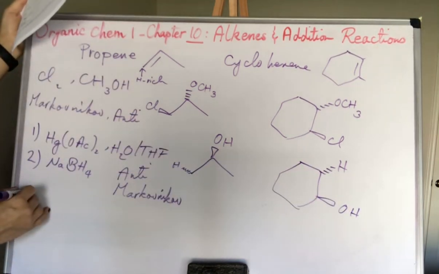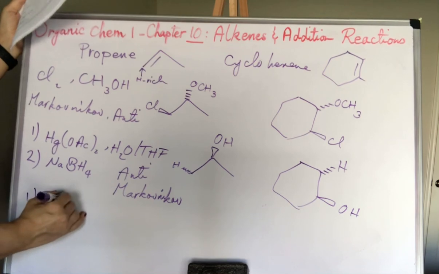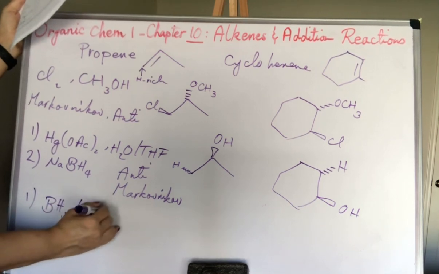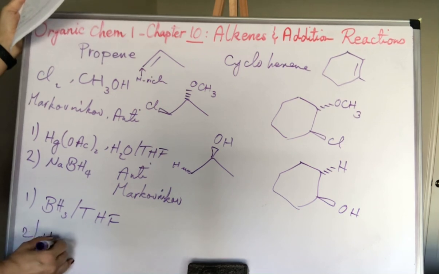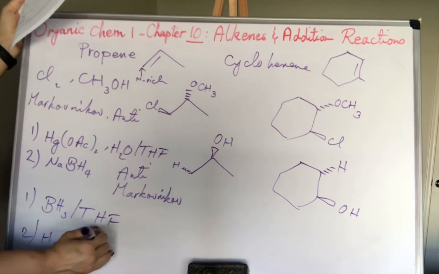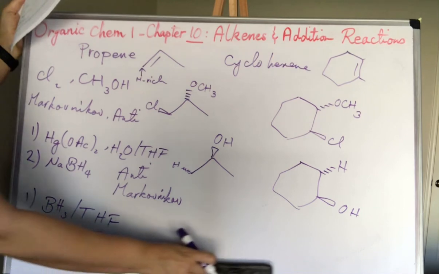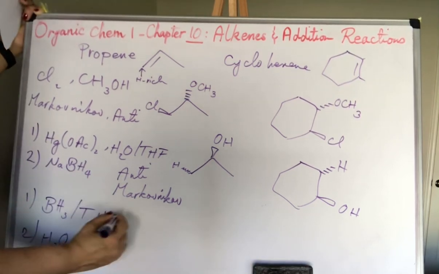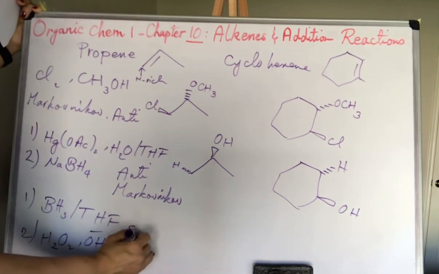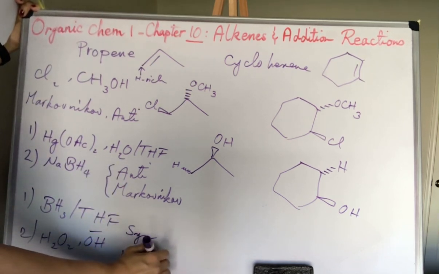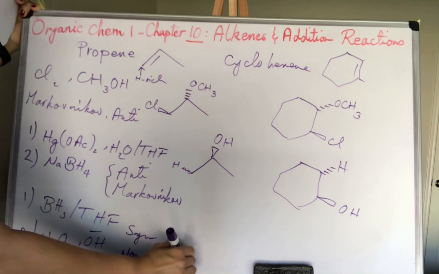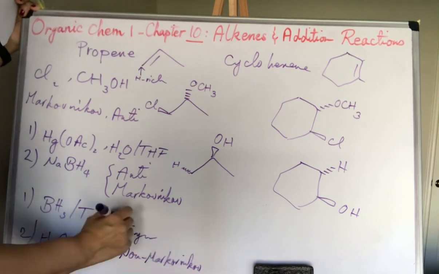And finally, the opposite way, we have BH3 in THF, and we oxidize with hydrogen peroxide in base. So this is syn and non-Markovnikov, just the opposite of the previous one, which was anti and Markovnikov.